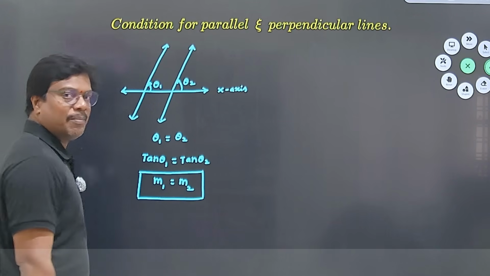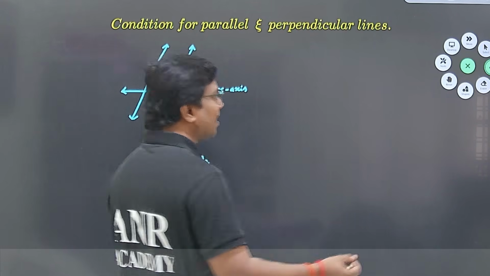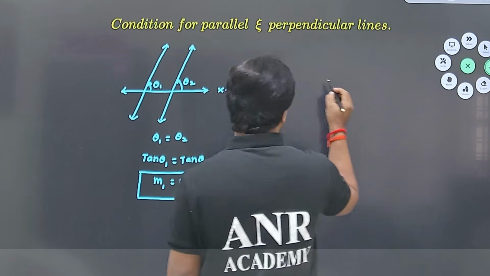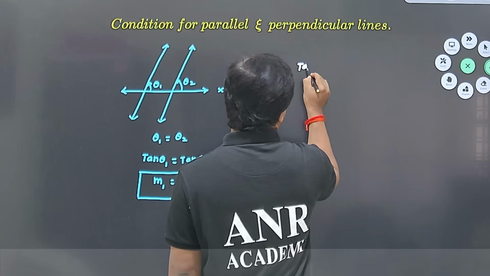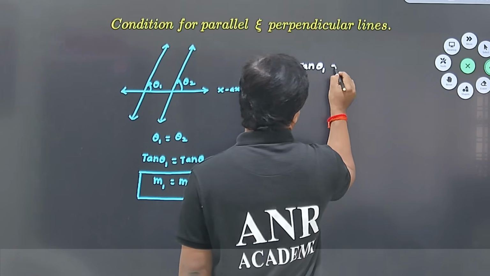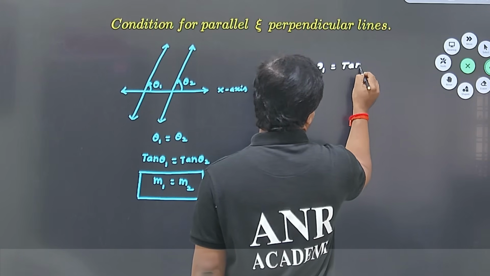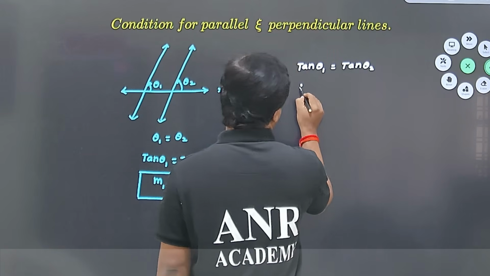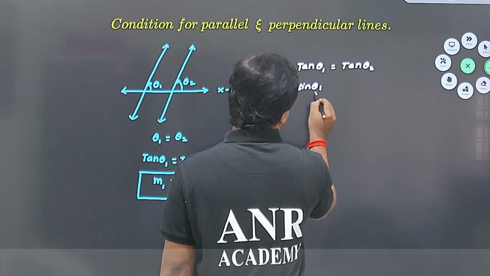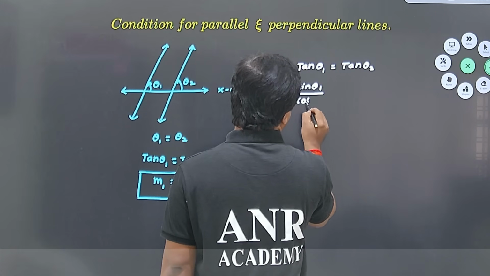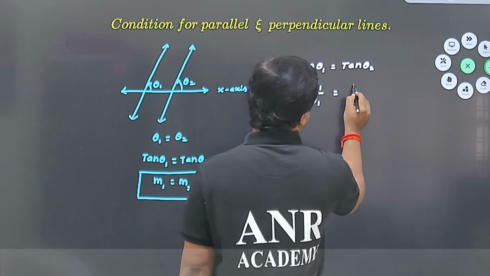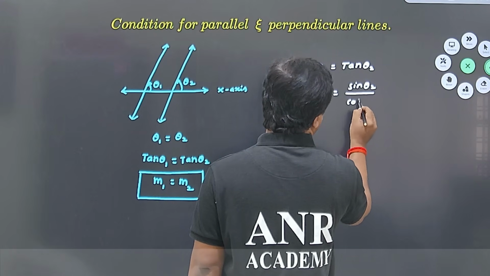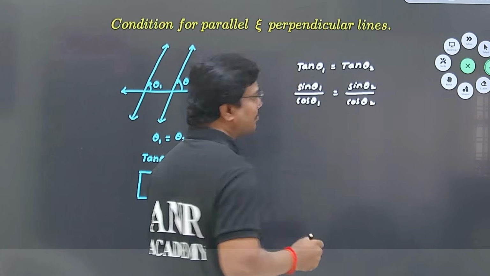Let us move to complex form. In the complex system, since tan theta 1 equal to tan theta 2, now you can write sin theta 1 divided by cos theta 1 equal to sin theta 2 divided by cos theta 2.